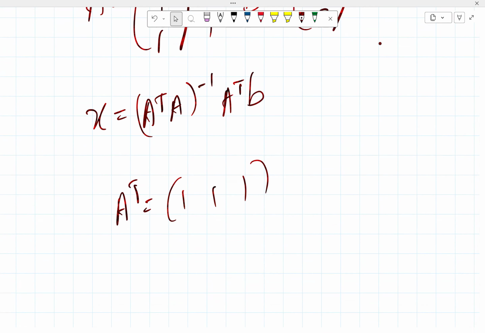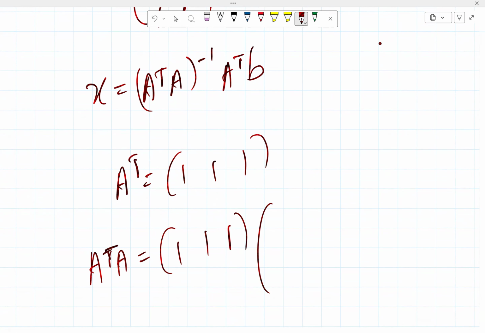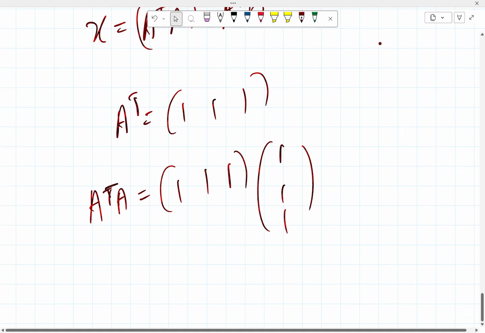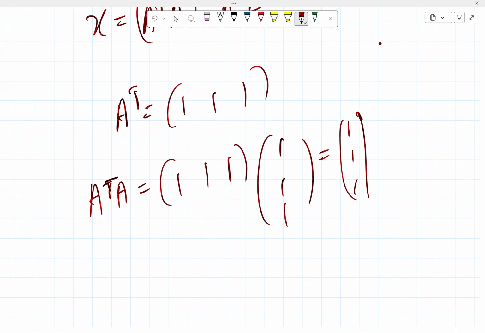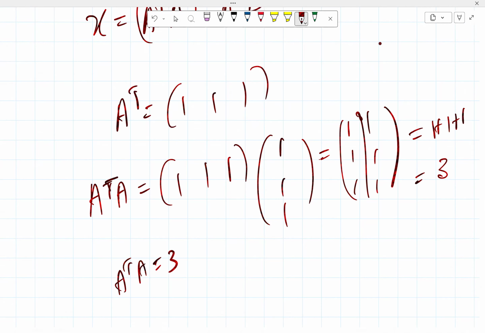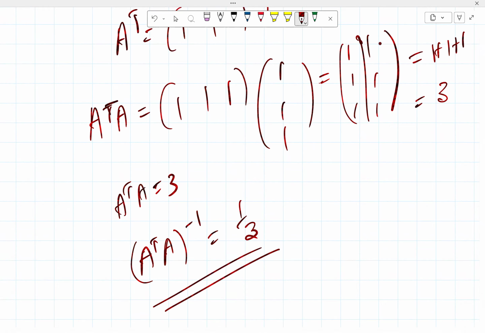A transpose A is 1, 1, 1 times 1, 1, 1, which is 1 plus 1 plus 1, and that is equal to 3. Because this is just a scalar, A transpose A inverse is equal to 1 over 3. We leave that first.